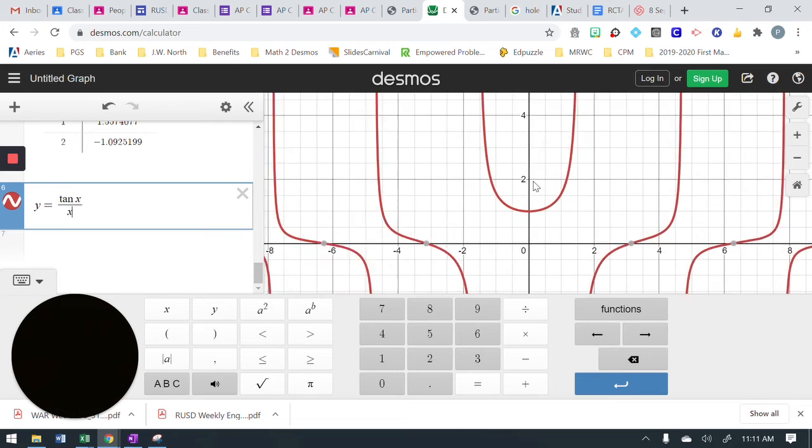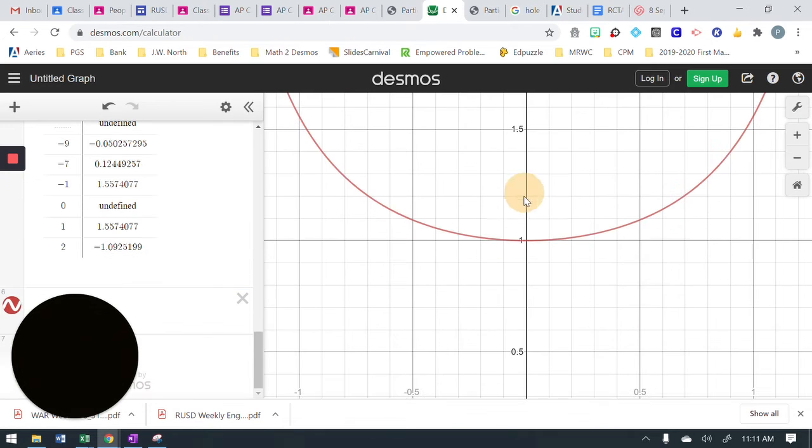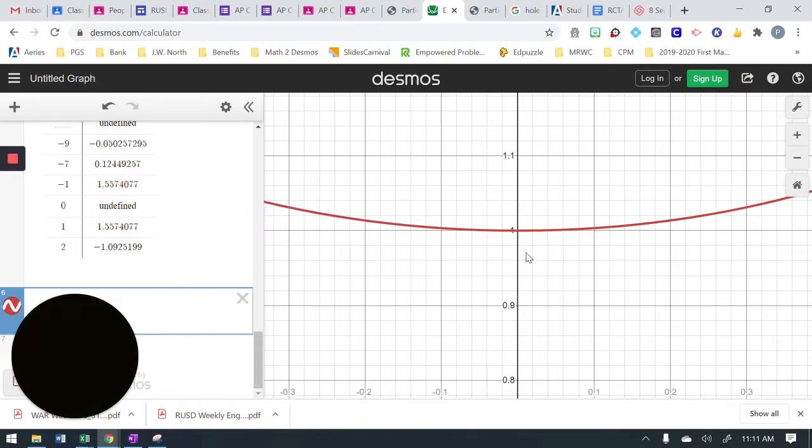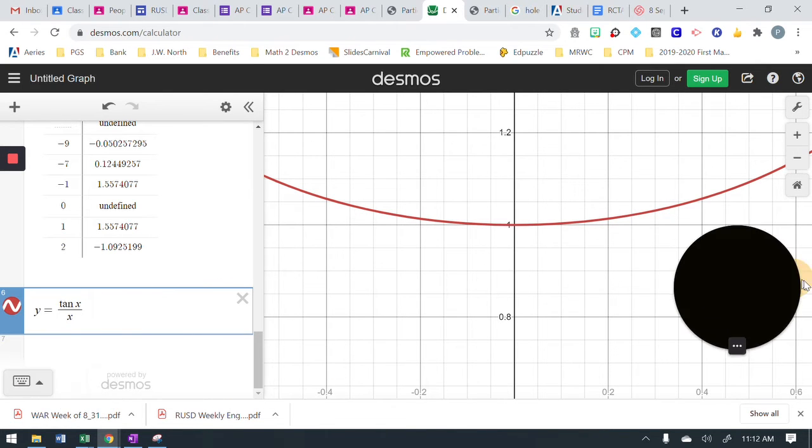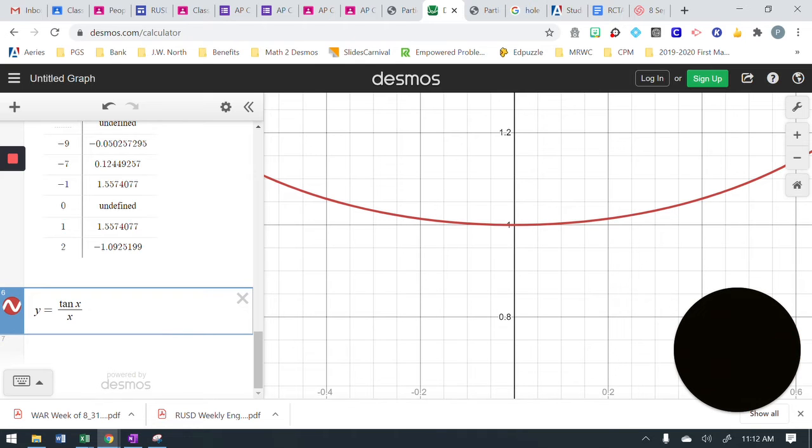Tangent x over x. You'll see that it's undefined at 0, so there should be a hole there. There's a hole there. Everywhere else around there is defined, but you see that it's approaching 1 as we get close to x equals 0.